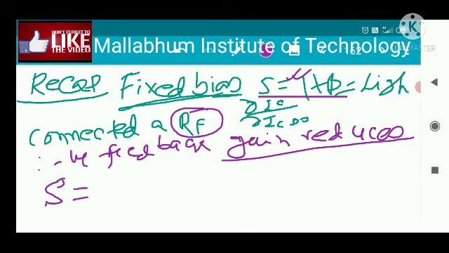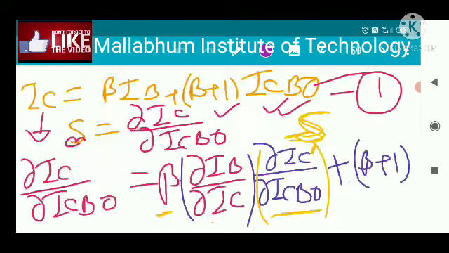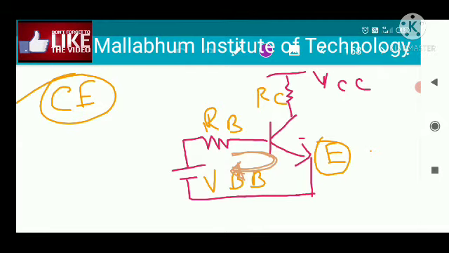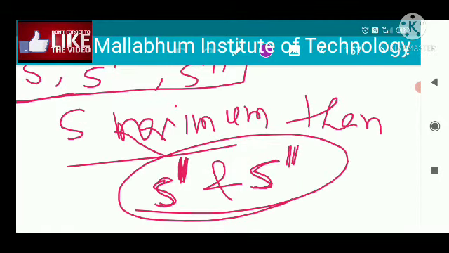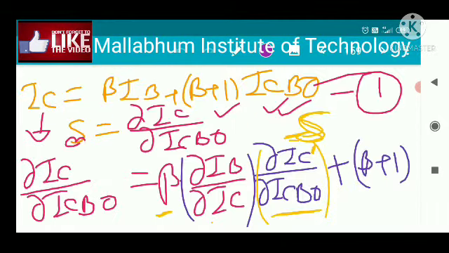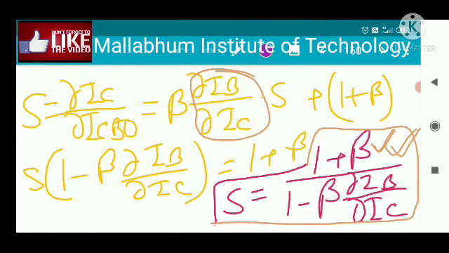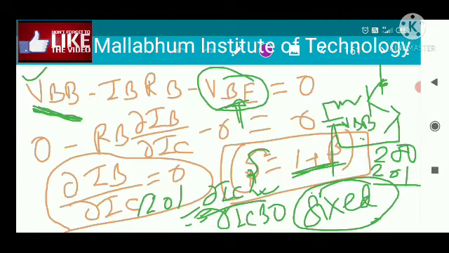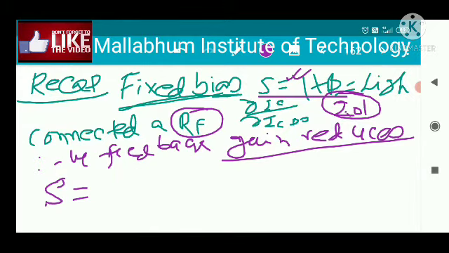In the case of beta approximately 200, the sensitivity comes out to be 201, if you don't connect any kind of emitter resistance. But 1 minute. So this is the CE configuration, and you can see that the value comes out to be 1 plus beta. This is the 1 plus beta that we have already derived.